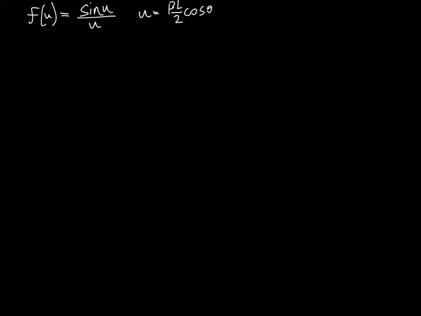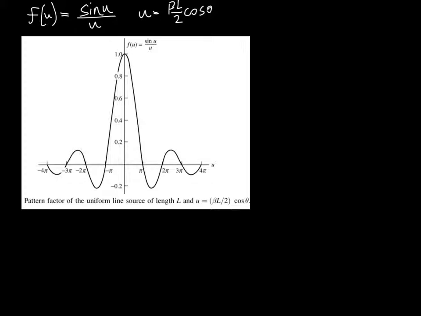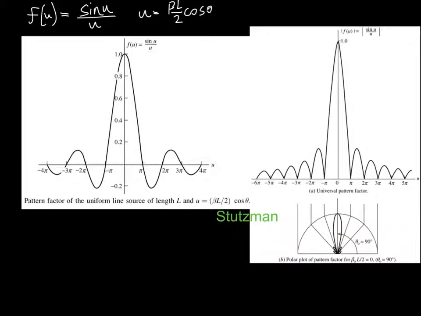Now if we take the space factor and do a simple u substitution, then this function of u, that's a sinc function in this case, is called the universal pattern factor. And if we plot the magnitude of it and extract that down to the function of theta plot, then it makes it easier to visualize the real space theta pattern as compared to the u space universal pattern factor.